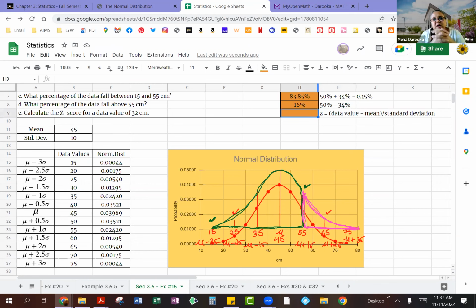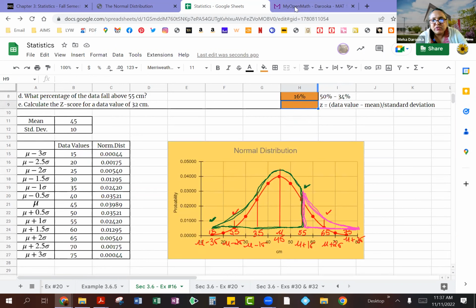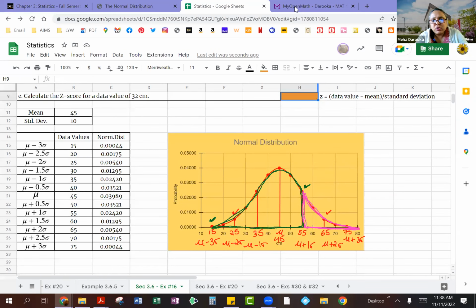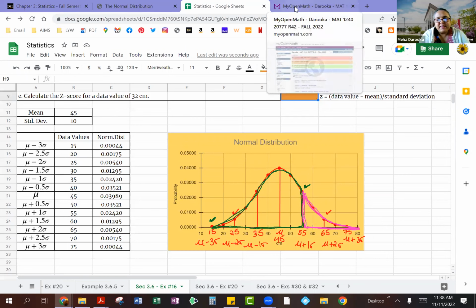So what will our z-score for 32 centimeters come out to be? And that basically just tells you, remember that z-scores are telling you standard deviation. So they're telling you how far away from the mean you are going to be.